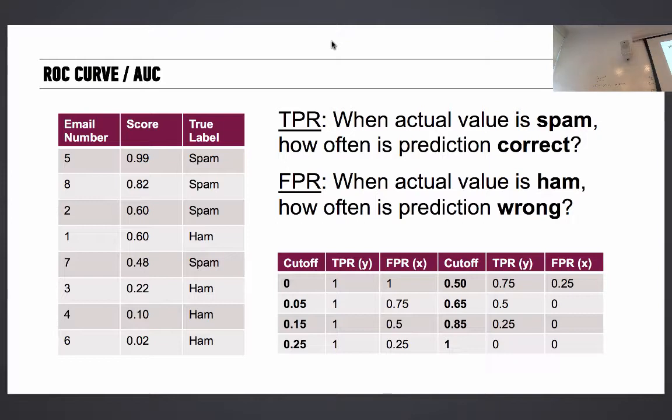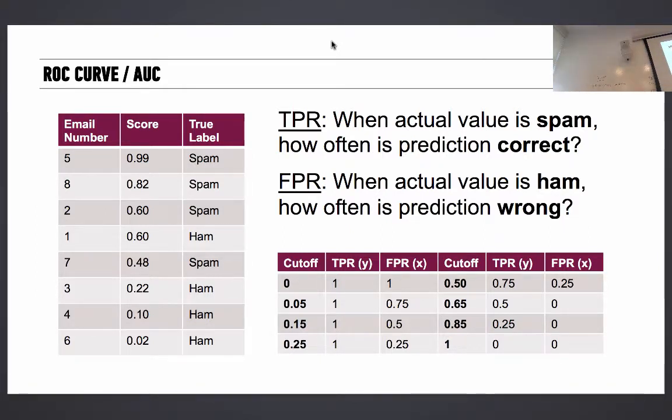It's a 100% true positive rate, which automatically sounds great, right? But here's the problem. Your false positive rate, when the actual value was ham, how often were you wrong? Every single time. Every time there was a ham email, you got it wrong because you just kept saying spam. So this is terrible.